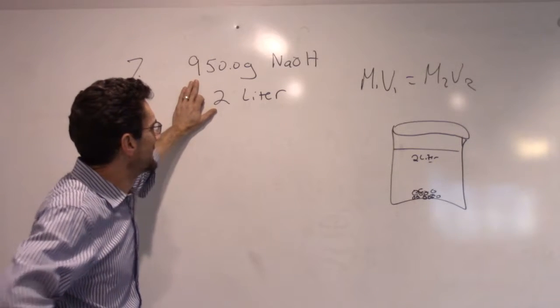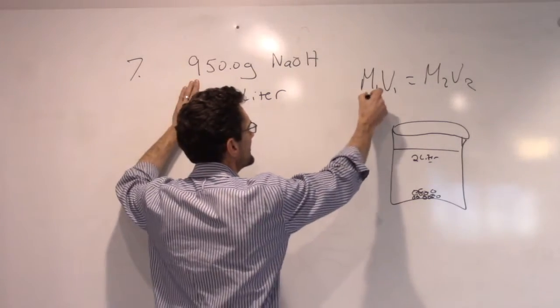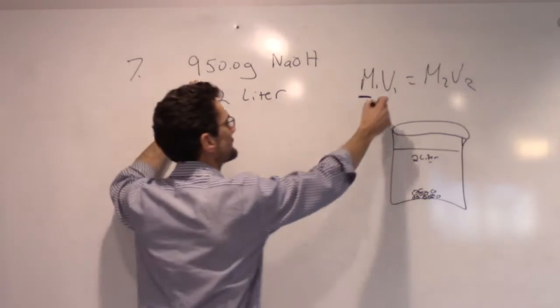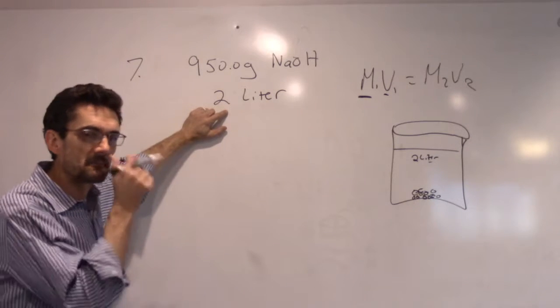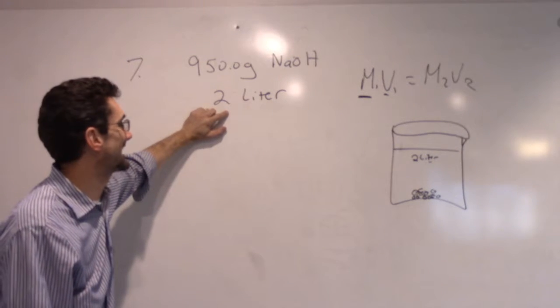What do we need? We need this. You may think that this volume here is actually this volume here, but it is not. Don't be tricked by that.